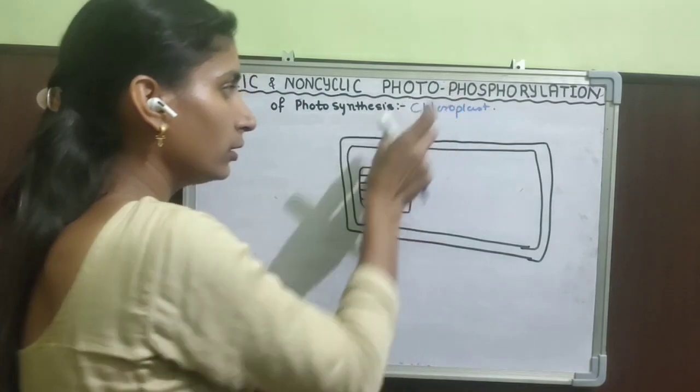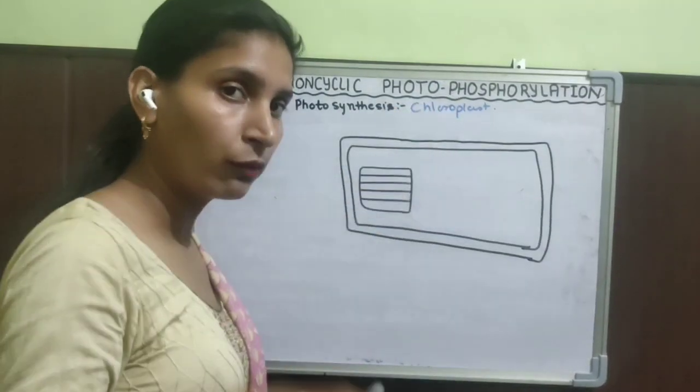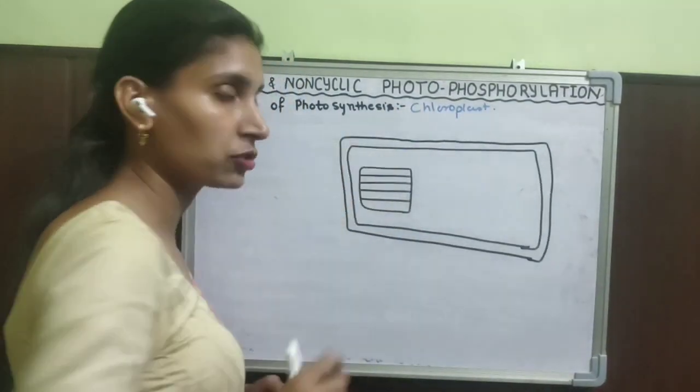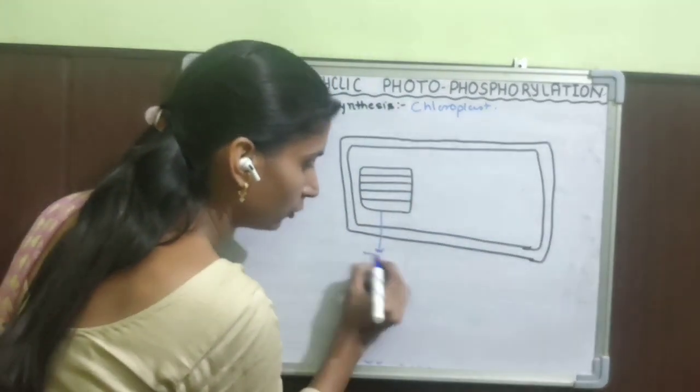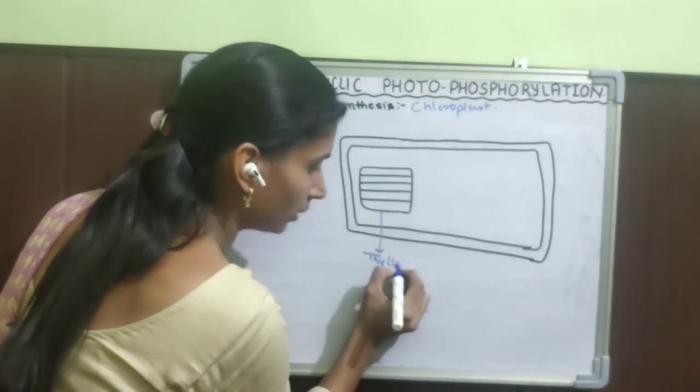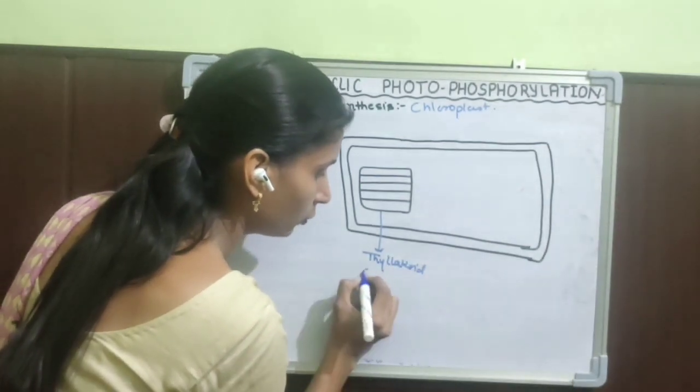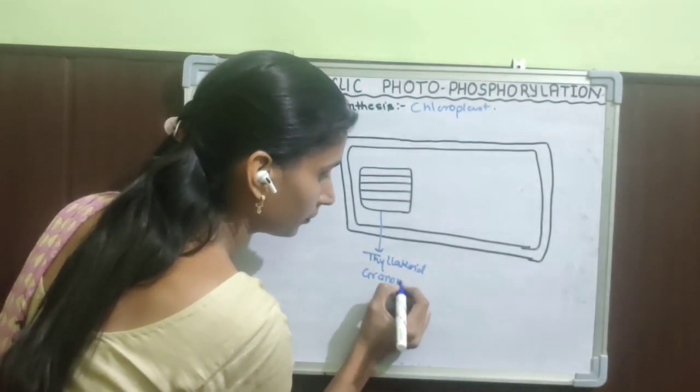Within the organelle, the particular membranous structure which performs this reaction is known as thylakoid, which is also known as grana.